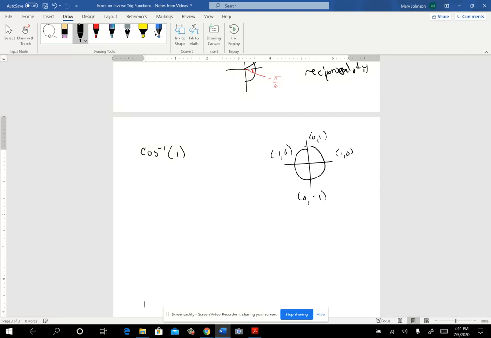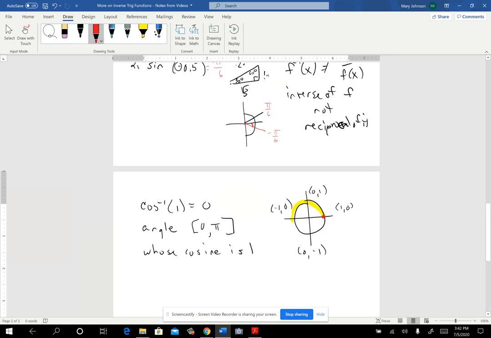Remember, for cosine you need the angle from 0 to pi whose cosine is 1. When you look from 0 to pi, there's only one spot, right here, where you have a cosine of 1, and so that equals 0. That's 0 radians.